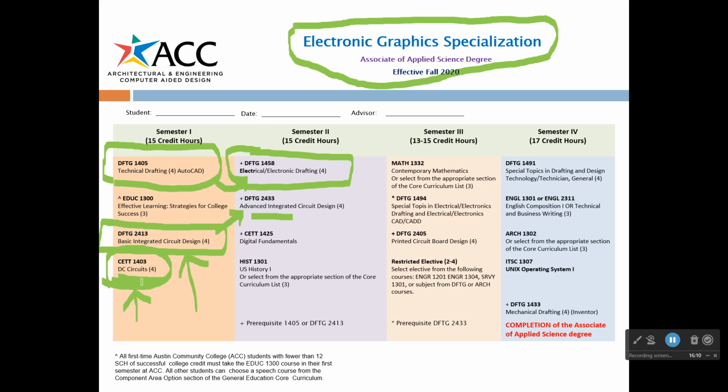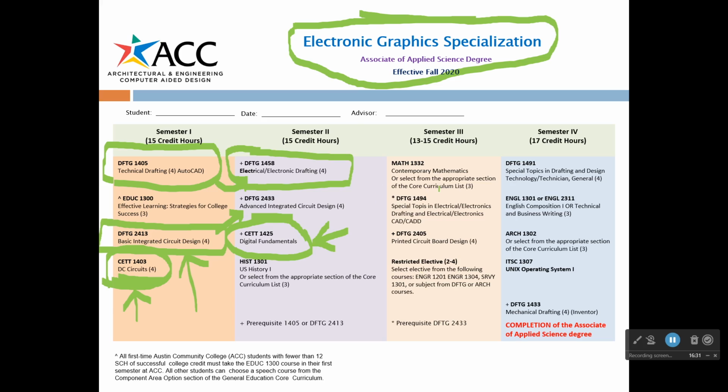It used to be the Electronics department at ACC. So this is just basic electronics, and it is the prerequisite for CETT 1425, which is called Digital Fundamentals. So the Electronic CAD associate degree has those two electronics courses required in it.